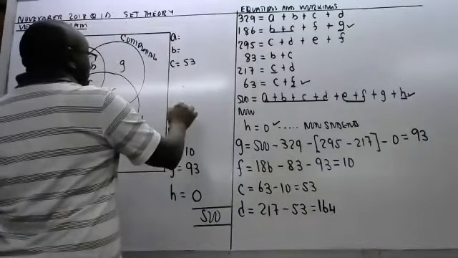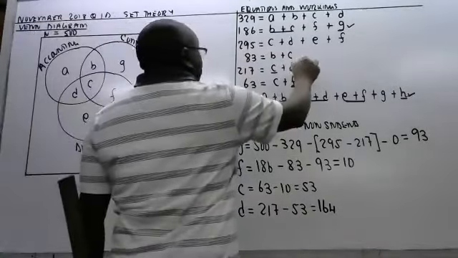So that is B now, 164. So this one has helped us.